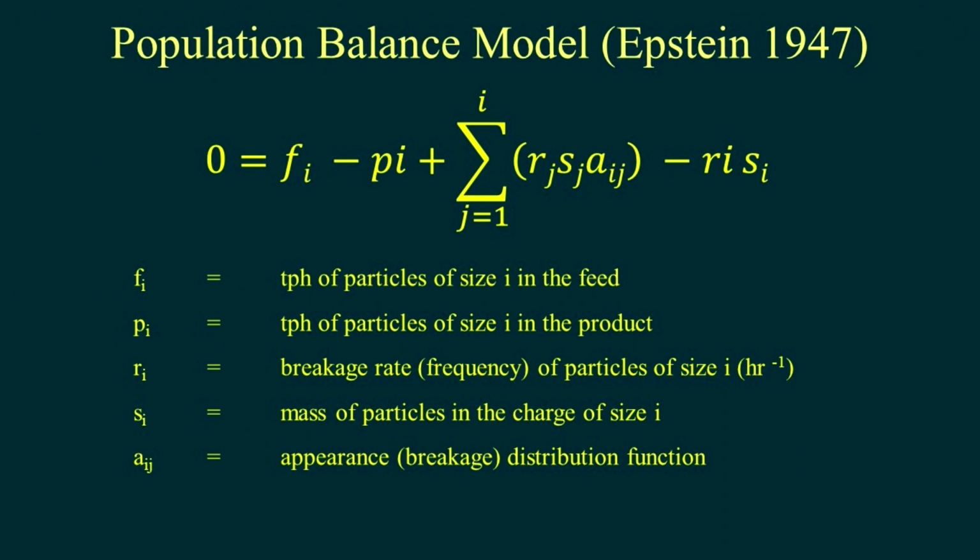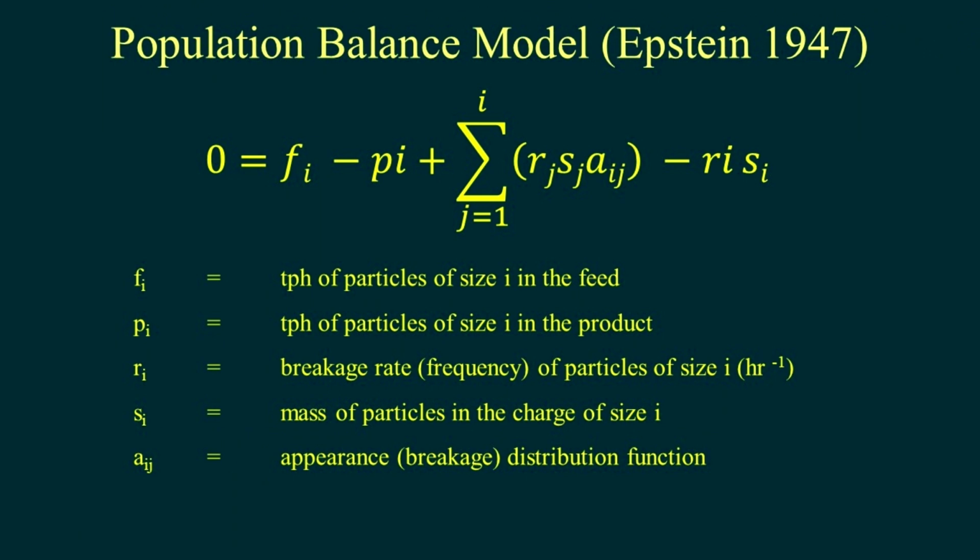It's been attributed to a guy called Epstein back in 1947. It is elegant. It is just simply a mass balance across any comminution machine, and it's a mass balance that goes through size by size, and its elegance is in its simplicity.